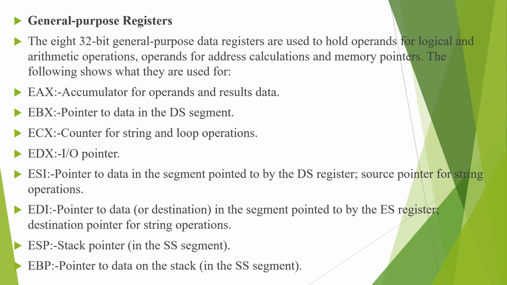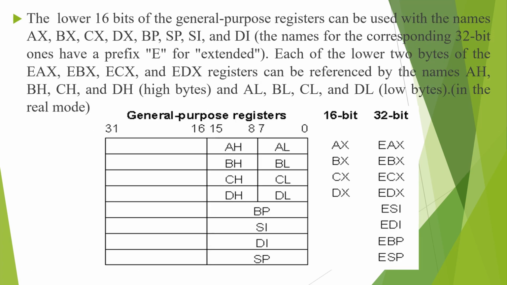It is a pointer to the data in the segment pointed to by the extra segment register, and it is the destination pointer in string manipulation instructions. ESP stands for extended stack pointer in the stack segment register. EBP is a base pointer to the data on the stack, in the stack segment.